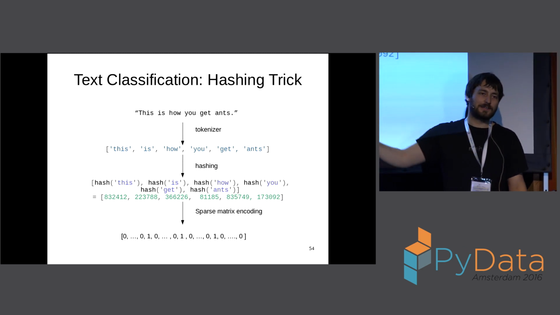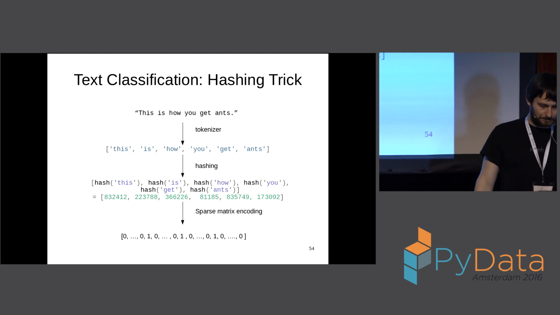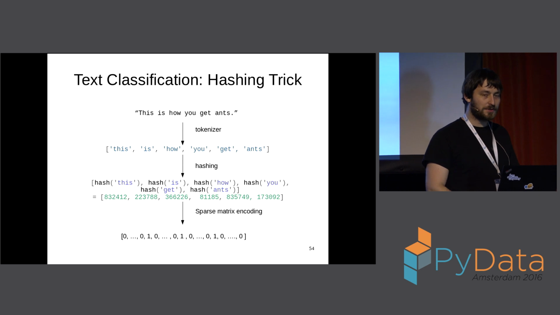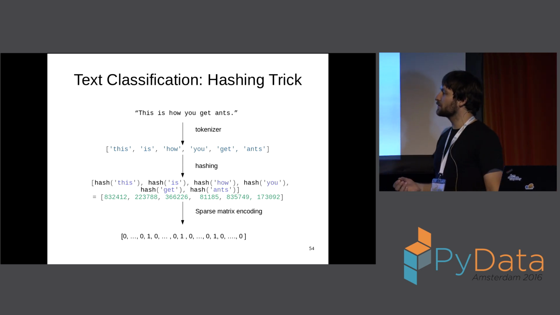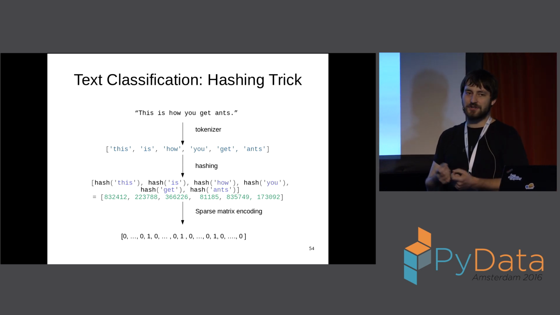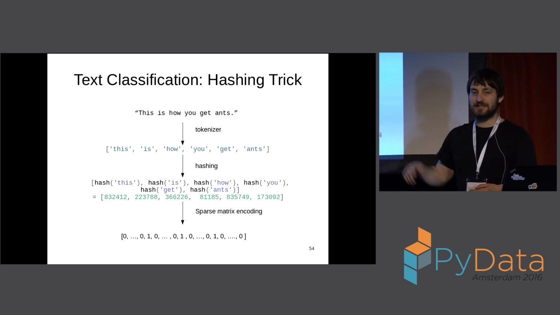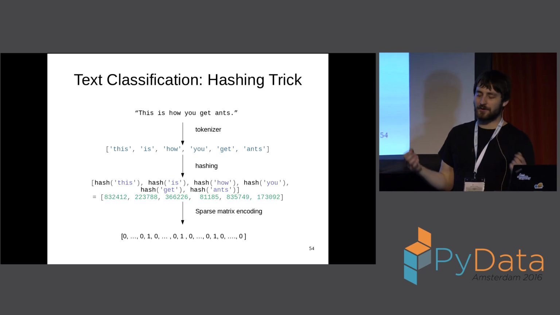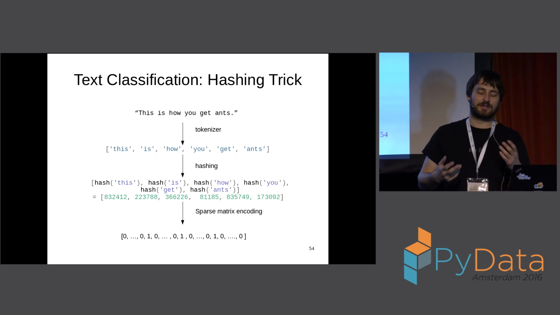So you get a large feature vector, and you have no idea what it means. Because it's hashing, you can also get collisions, so two words can hash to the same value, so they can correspond to the same feature. But it's very unlikely that two words that are both important for your task hash to the same value, so that's usually not a problem.